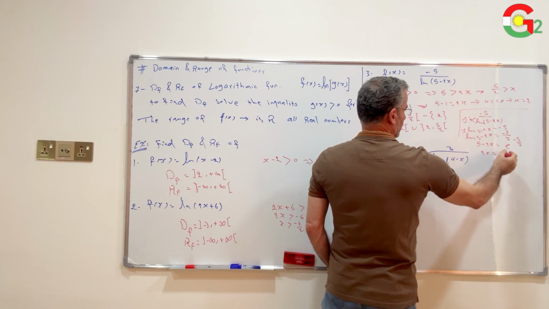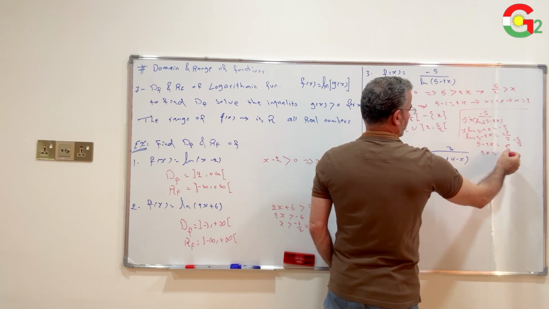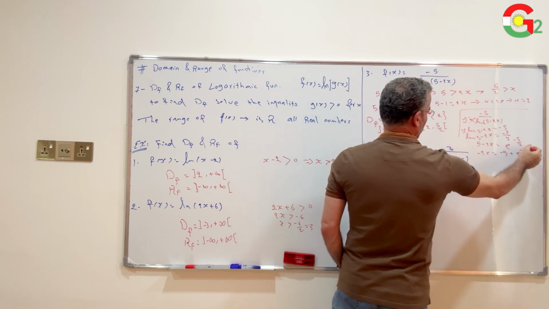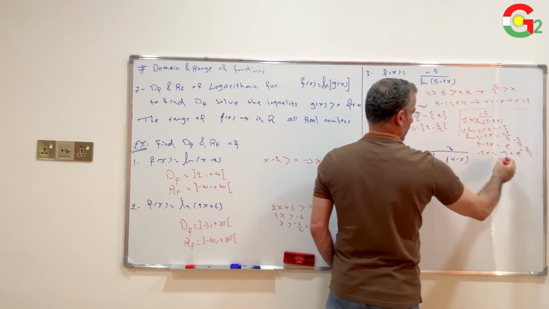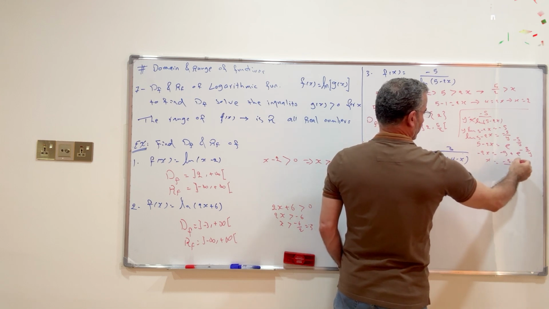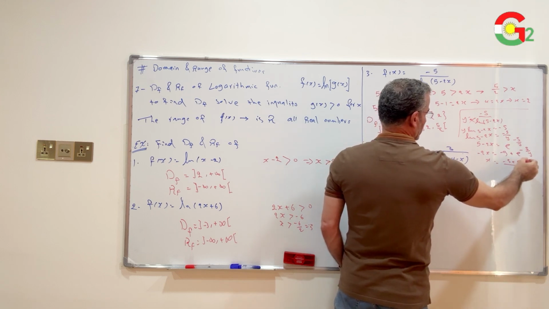Then negative 2x equal to negative 5 plus e to the negative 5 over y, then x equal to negative 5 plus e to the negative 5 over y, over negative 2.